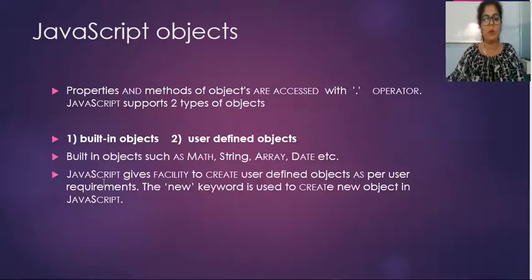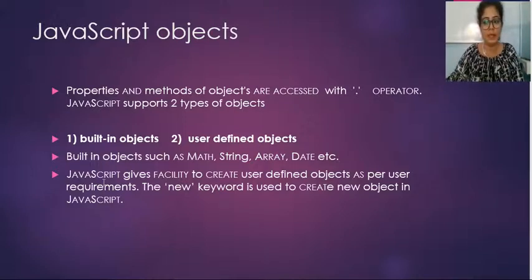JavaScript provides us two main types of objects. First is built-in objects and the second is user-defined objects. Now what are built-in objects? Built-in objects are those objects which are created by JavaScript itself.